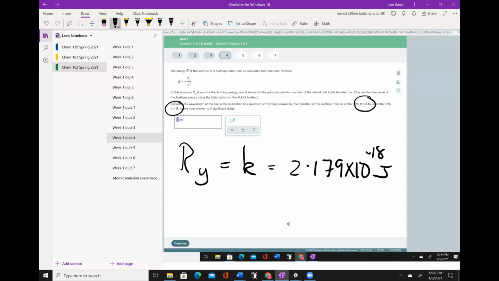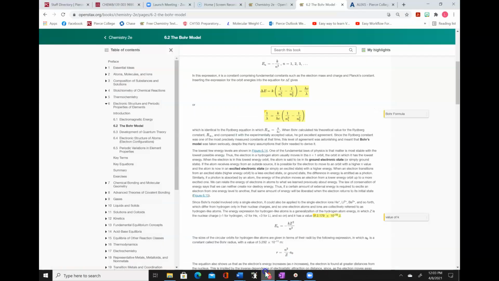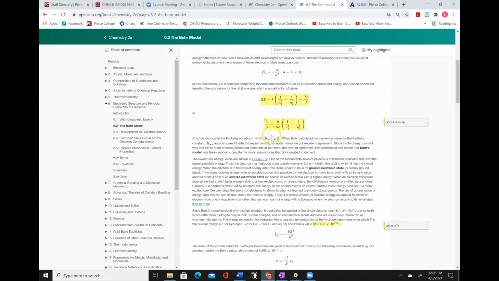So remember, I like to use the expression that's given in the book, right? Which is, I'll just pop it up here. This one here, 1 on lambda is k on hc, 1 on n1 squared minus 1 on n2 squared. Remember that n1 is the smaller value, n2 is the bigger value.